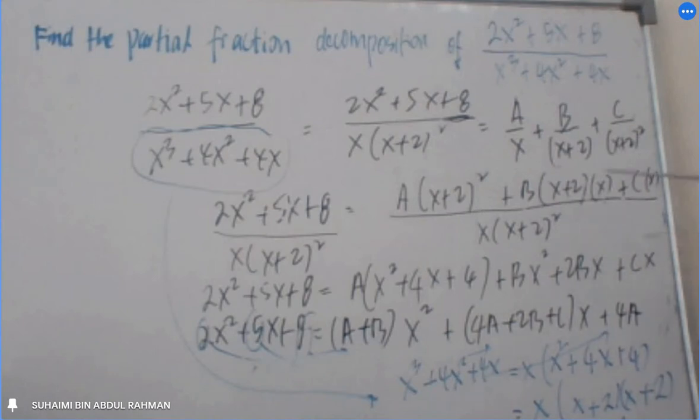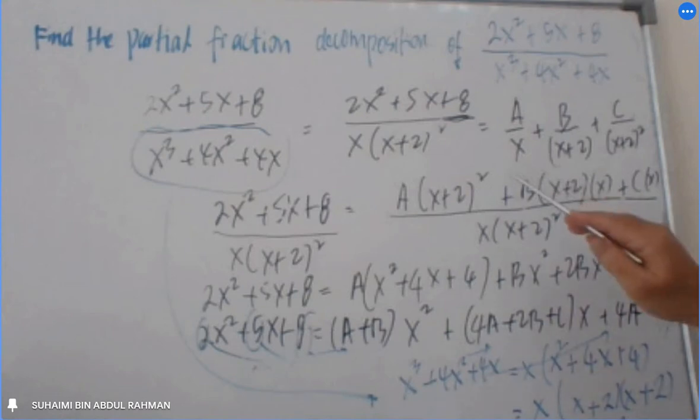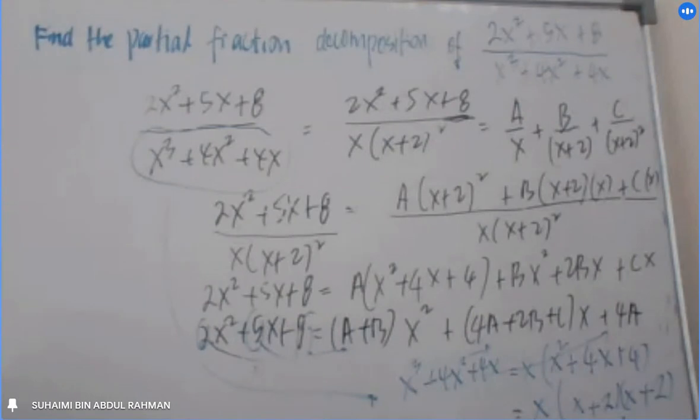Now we want to make the same denominator. So A must be multiplied by x plus 2 squared, because after the cancellation later, we get A over x back.